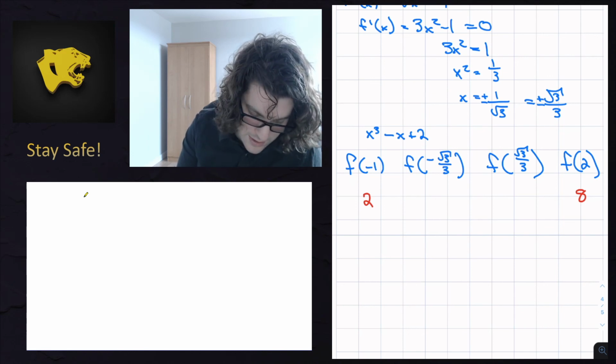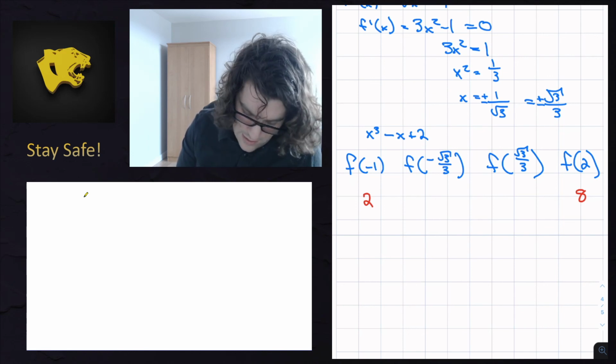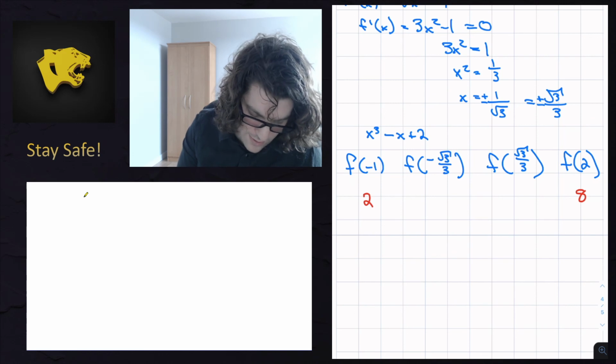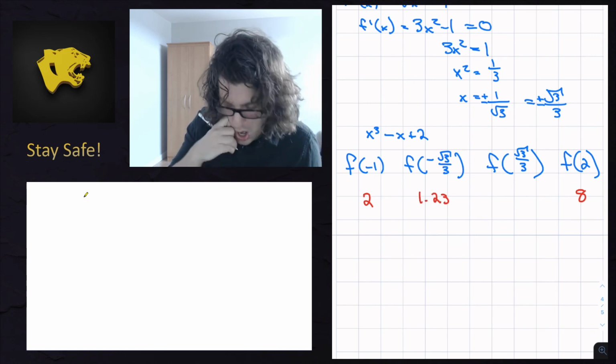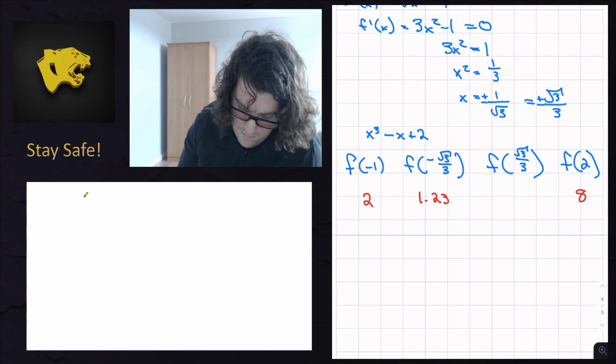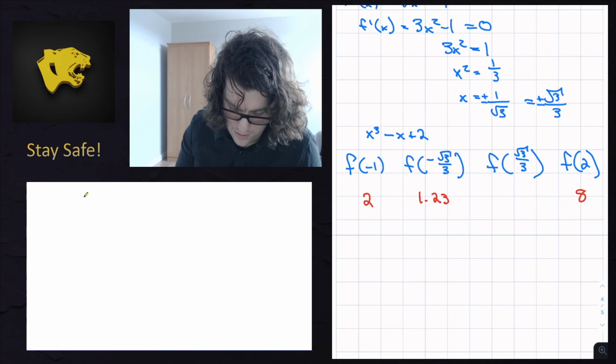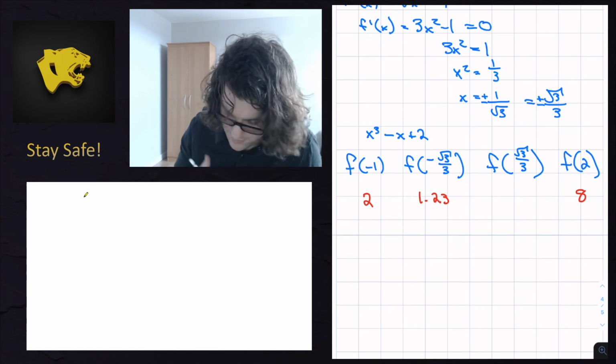And so we're going to take that and cube it, and then minus root 3 over 3 plus 2. So if I punch that in, okay, I get 1.23. And if I do the same for the other one, now I might have made a mistake with the negative. I'll take a look at it in a second.